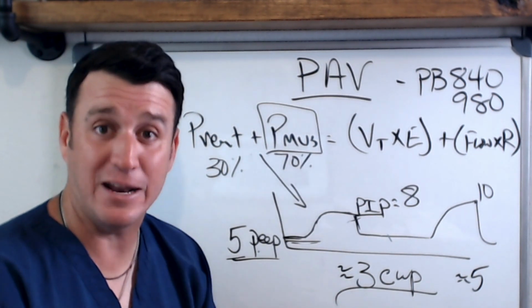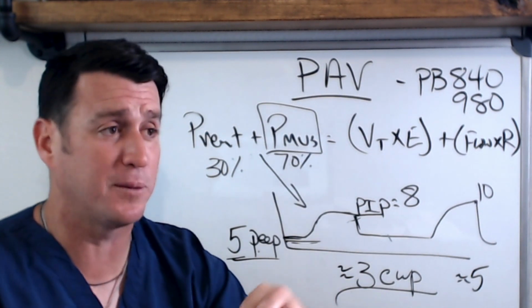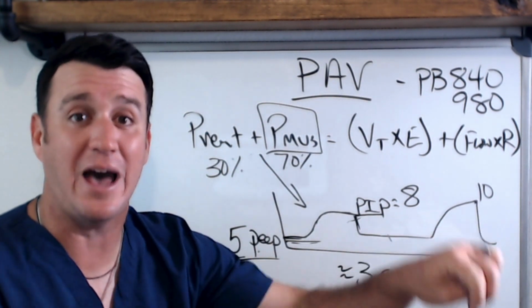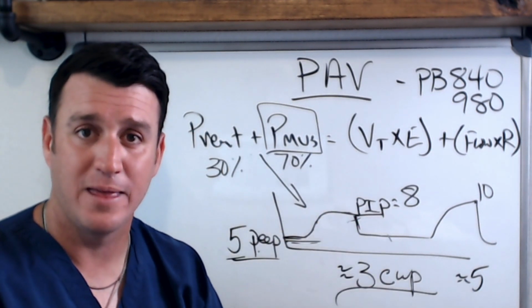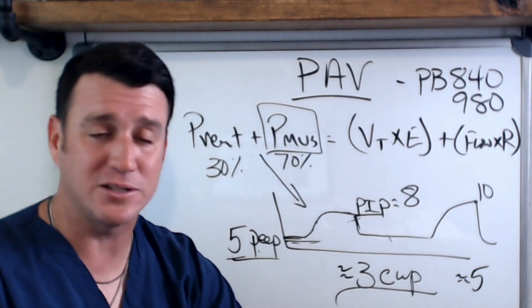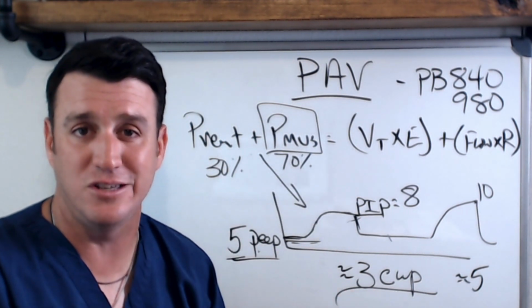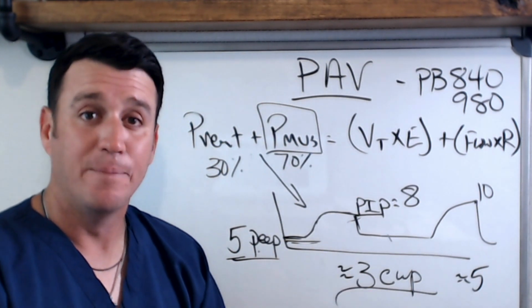Now, some people are going to get mad if you say that. Oh, PAV is the same as pressure support, except the pressure support is just automatically variable. And they'll say, no, that's VAPS. No, not necessarily. And so it just depends on who you're working with, if they're going to take offense to you calling PAV a variable pressure support mode.